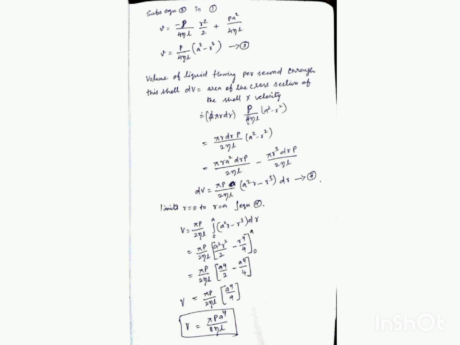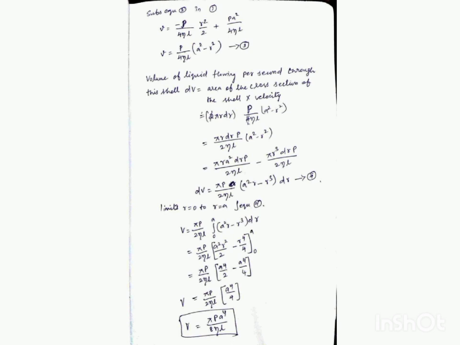Hence, the volume of the liquid that flows out per second through the shell is the area of cross section of the shell of radius r and thickness dr, times the velocity of flow, and that value I integrate over the limits 0 to a. So finally we get pi P a power 4 upon 8 eta L.